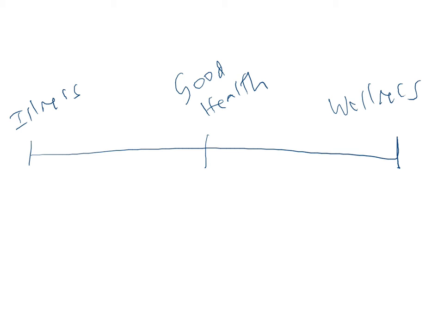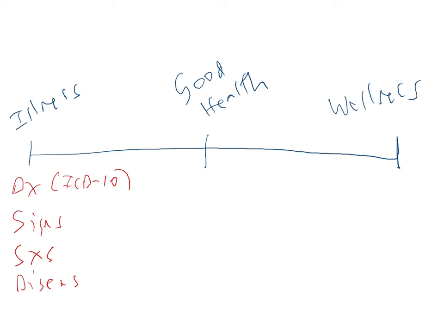So let's begin with illness. So with illness, you must have a diagnosis. And I talked about the ICD-10, which is the International Classification of Disease. So you must have a diagnosis. And then with that diagnosis, you know that there are certain signs and symptoms of what?